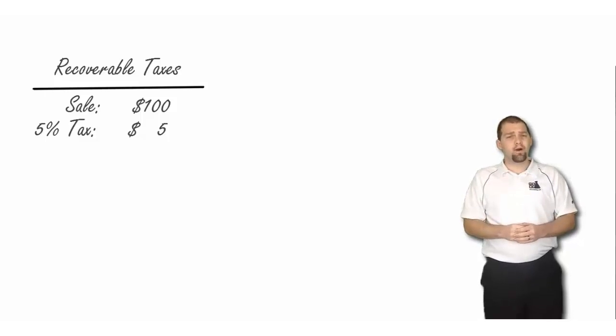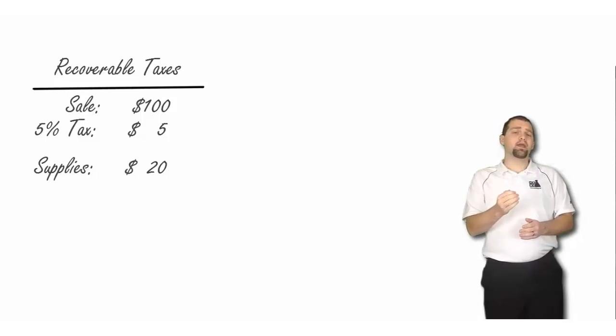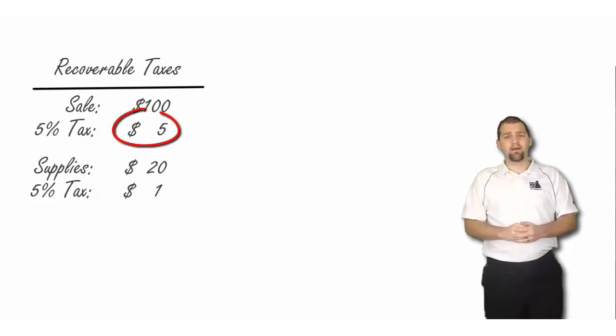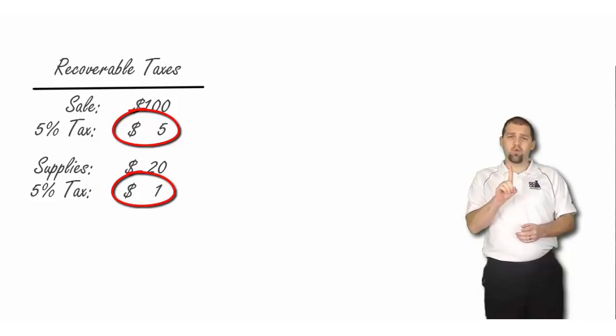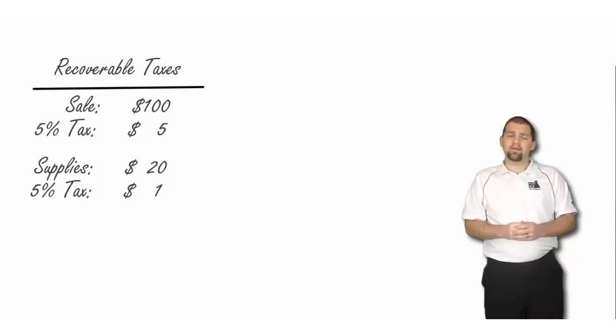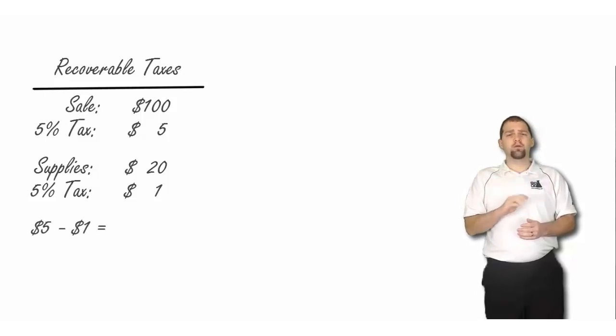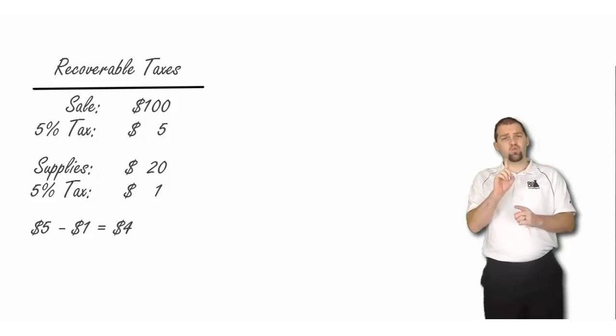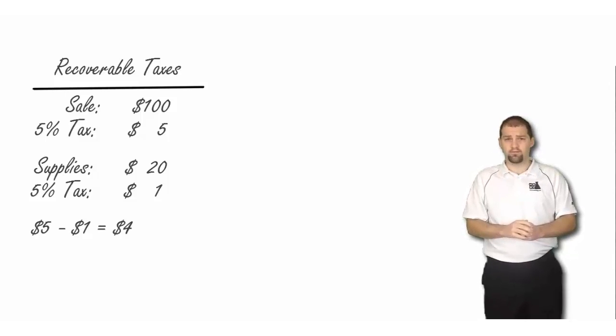Now, let's say that I buy supplies for $20 and I end up paying a sales tax for those products, which would be a sales tax of $1. So now I've collected $5 and I've paid $1. If my tax was a recoverable tax, that means that I can take the $5, subtract the $1, and I would only be required to submit to that tax entity $4, because one of those dollars was recoverable.